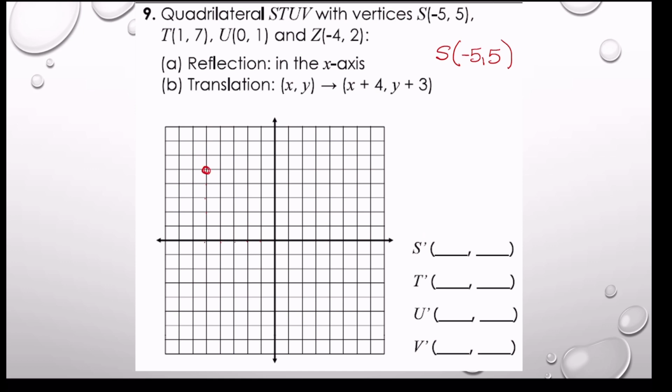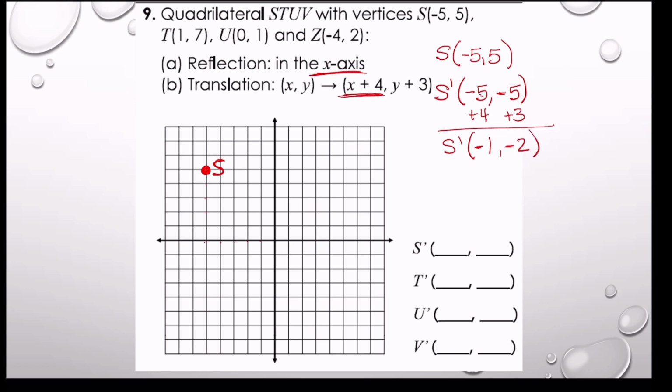So here is my S point. If I reflect that in the x, it means that for S prime, my x stays, but my y changes, remember? But after I've done that, I then have to add 4 to the x and add 3 to the y, which means my S prime is really -1, -2.